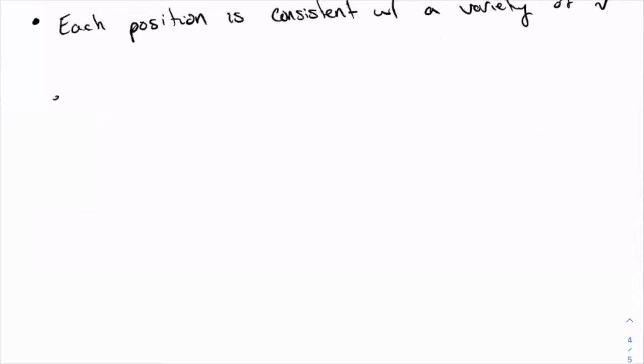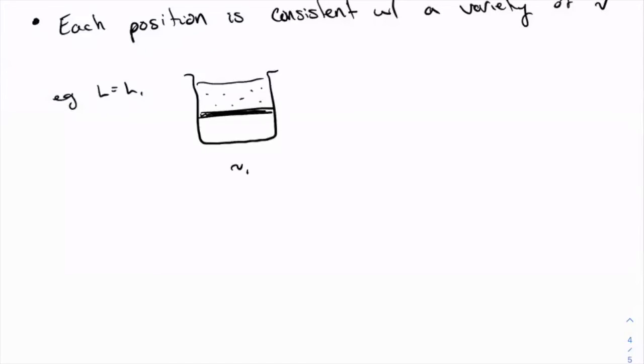So for example, if L was some L1, which happened to be right here, one possible microstate might look like this. Call that microstate 1.